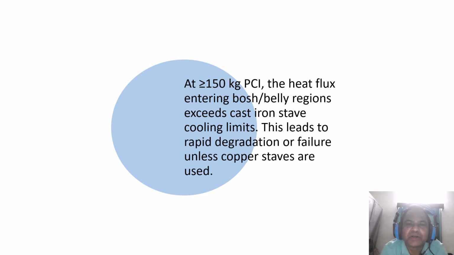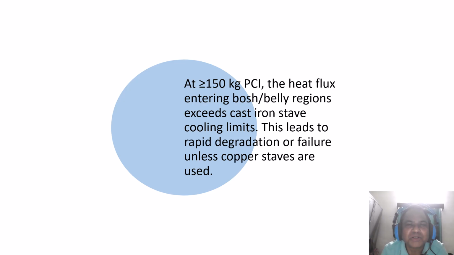So today our discussion topic is higher PCI injection, and clearly higher means 100 and beyond, that is 130, 150, and higher than 150 level. We are going to discuss two things.